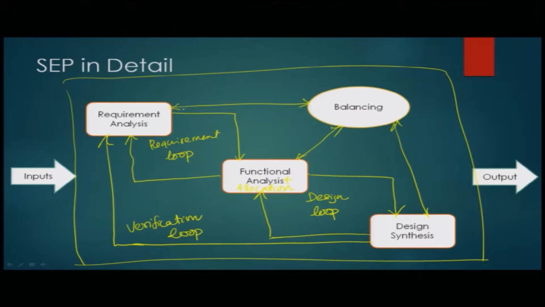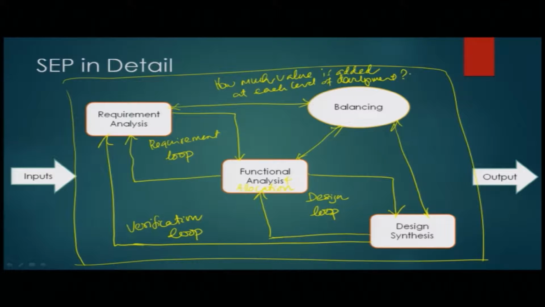The balancing is done by answering the fundamental question, how much value is added at each level of development. So, here the fundamental question is, by doing this, are we adding any value, or are we just doing things for the sake of doing it?